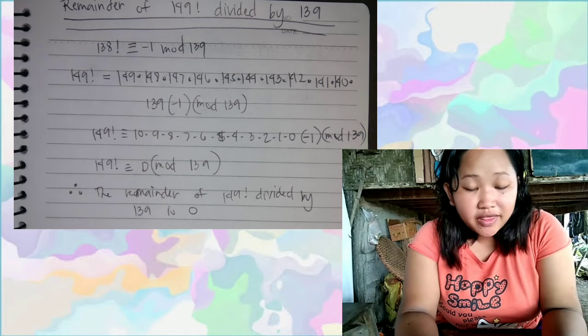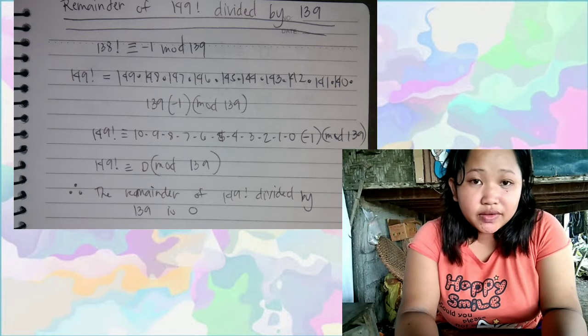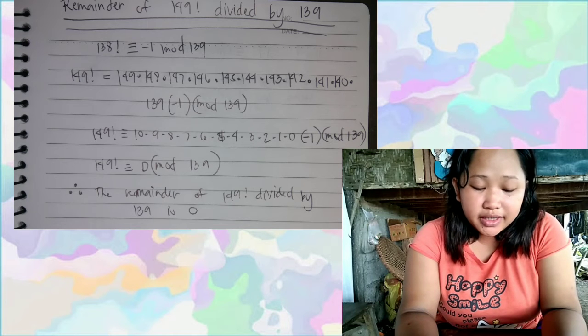We know that 138 factorial is congruent to negative 1 modulo 139.